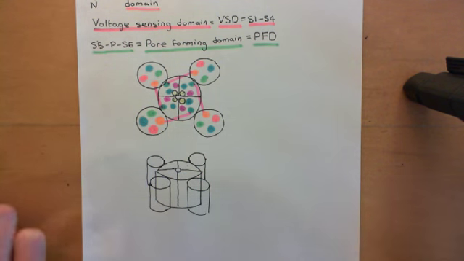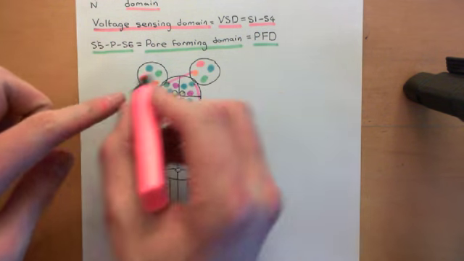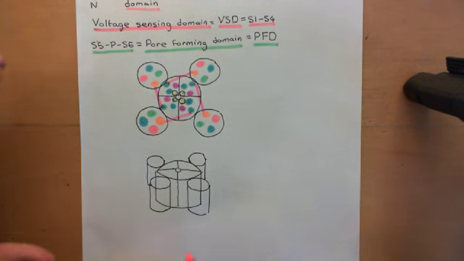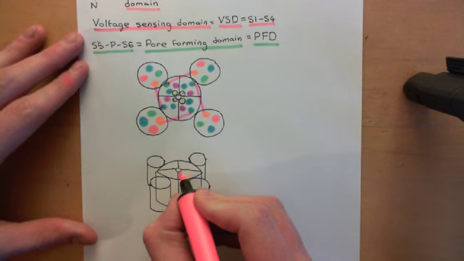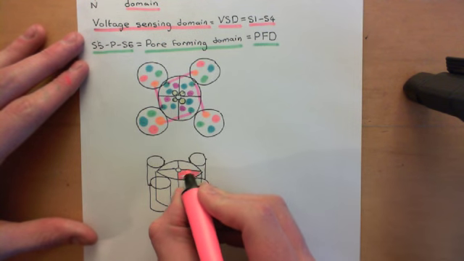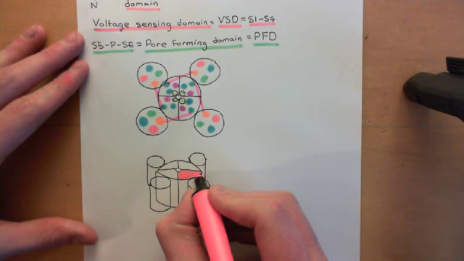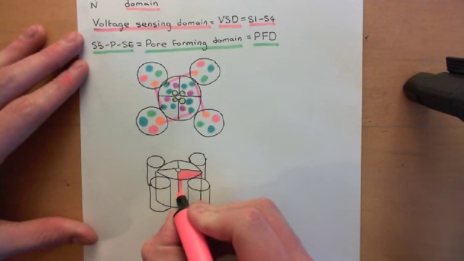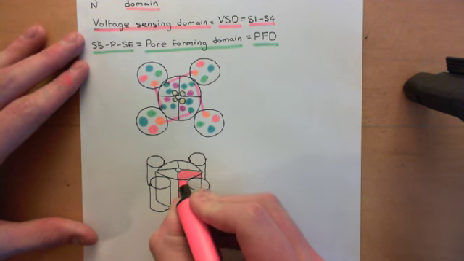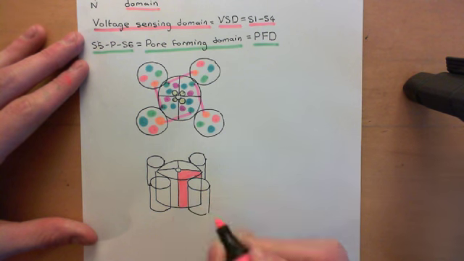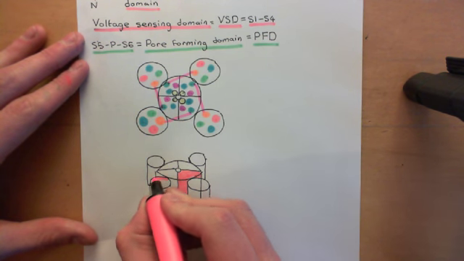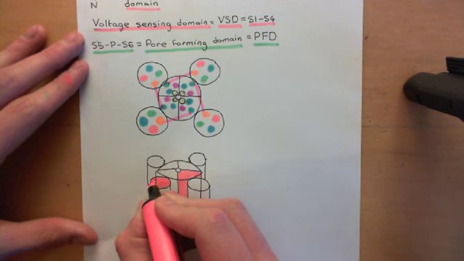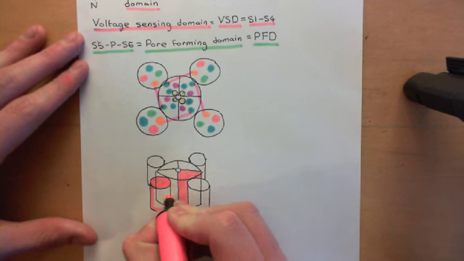Now before I put the T1 tetramerization domains on, I just want to color code this in. Don't worry, I'm not going to attempt to put all of these membrane-spanning alpha helices on. I just want to make utterly sure this is very clear in your head by color coding each of the alpha subunits. So here is one of these pore-forming domains in red, and this is the corresponding voltage sensing domain here, which I'll also color in red.